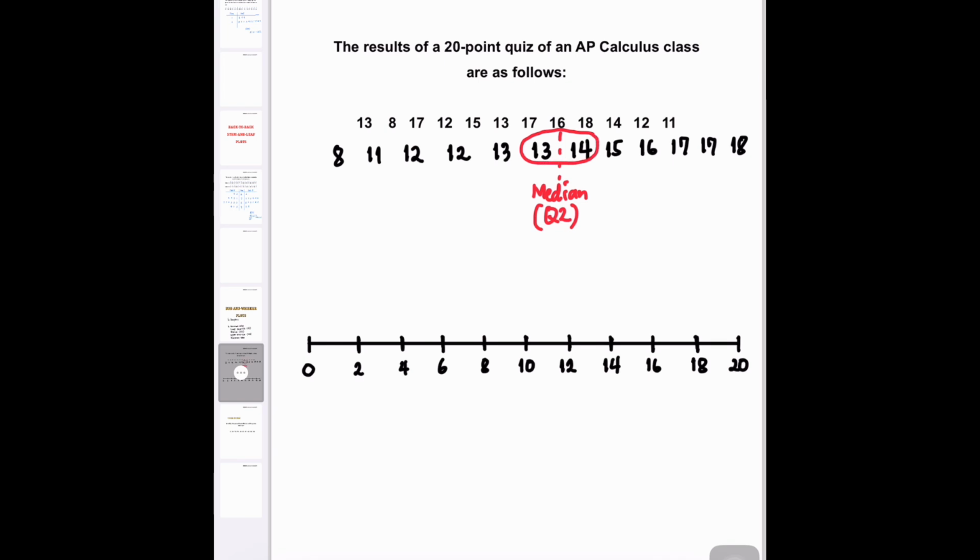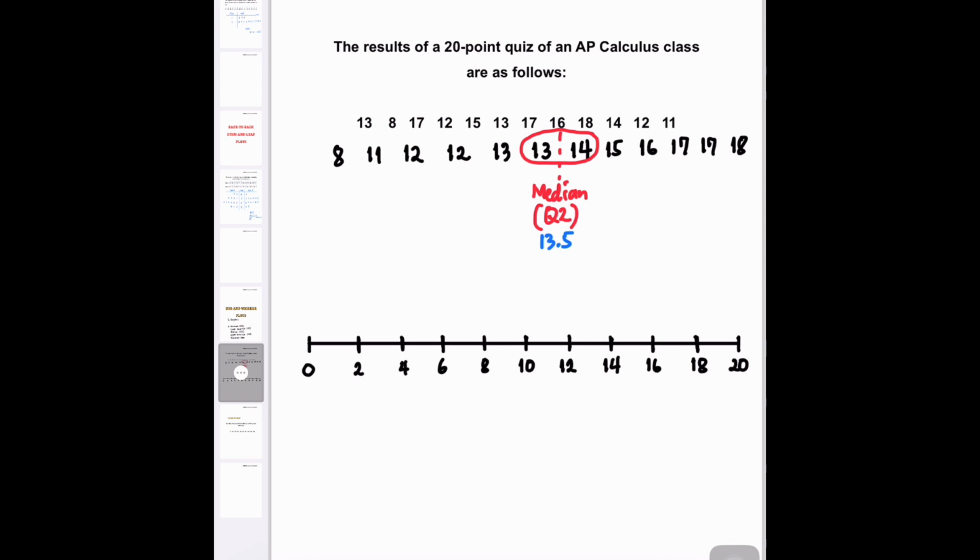So we got 13 and 14. Getting the sum of the 2 numbers divided by 2, the median will be 13.5. So 13 plus 14 is 27, divided by 2 is 13.5. So that's the median value.